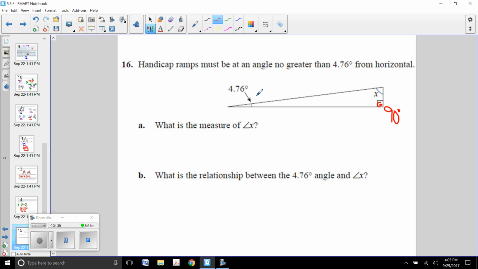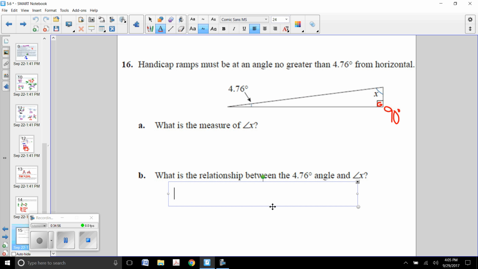So we could take the 180 minus 90 minus 4.76. But if you start subtracting, 180 minus 90, you'll see that there's 90 left. And we know that 90 degrees are complementary angles.